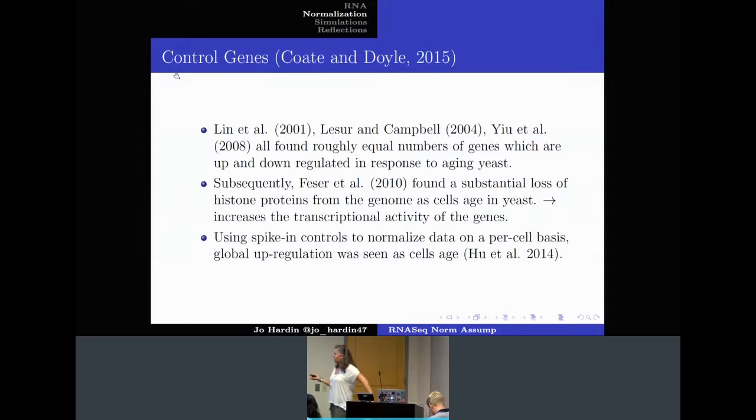He was able to use spike-in controls to find that we don't indeed get an equal proportion of up and down regulated genes, that there is some global regulation happening as cells age on a per gene basis. So what's going on here?